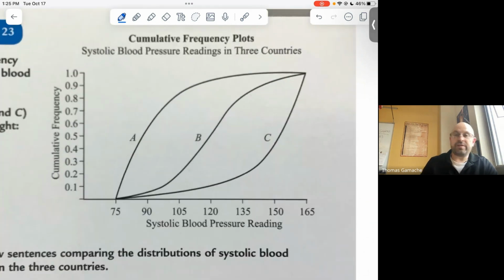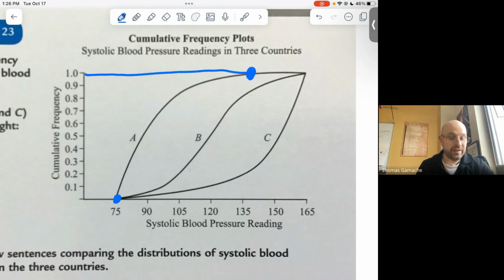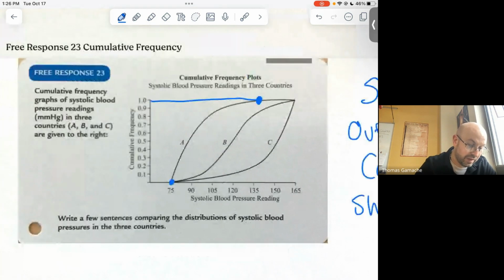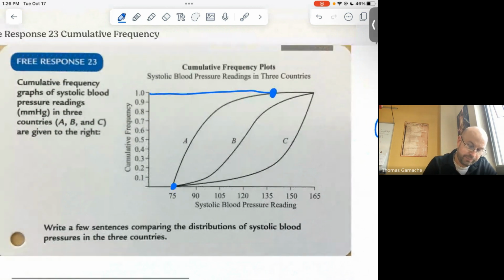So let's start out with, we can talk about the spread a bit. Now with the cumulative frequency plot, remember, you're looking for where it starts here, and then we want to talk about where it ends. Now, if we look at A, we notice that when we reach 100% of our data, we're at about 135 right here, which means we have data in distribution A from 75, MMHG.